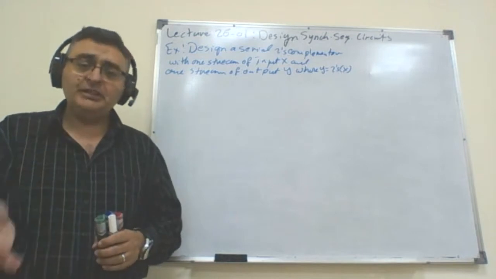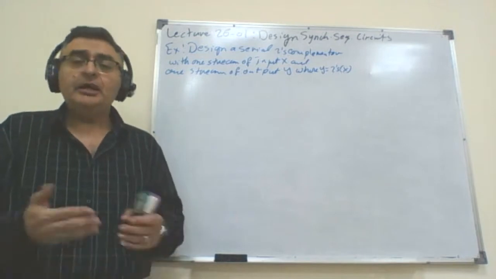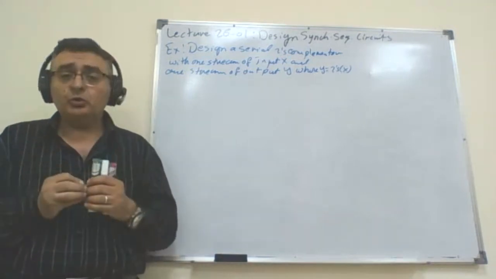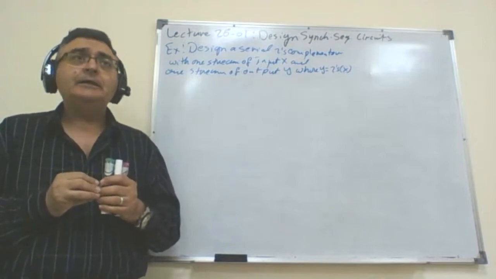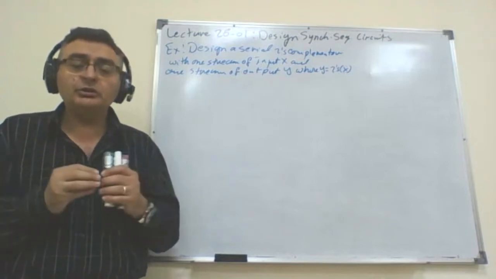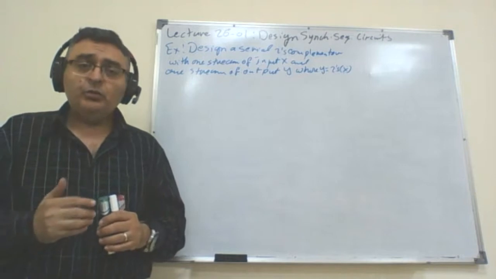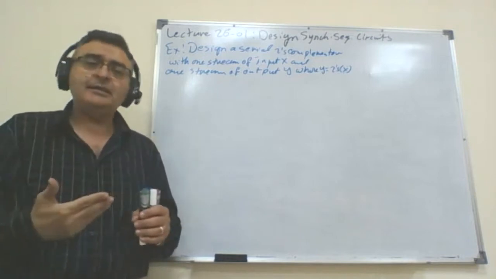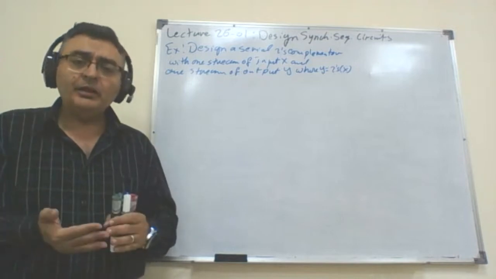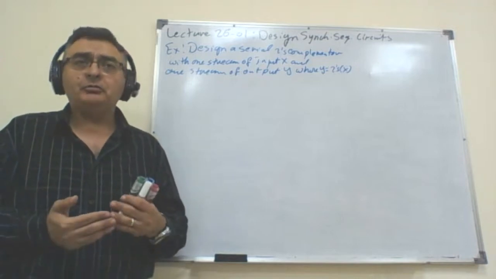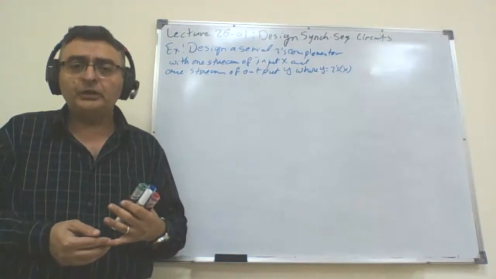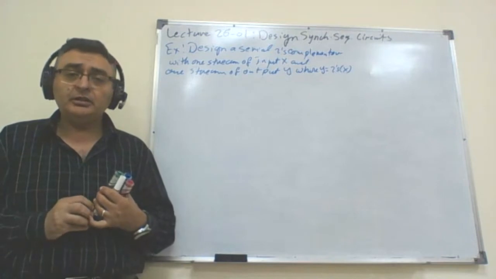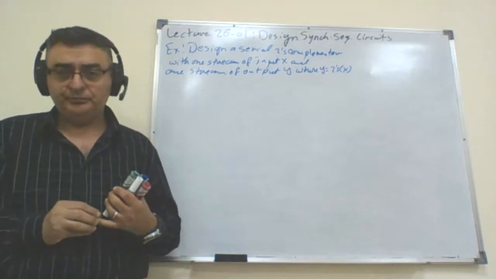That's why there is a subject called state reduction. We will not go into that. However, we will try our best from the beginning to build the state diagram with the minimum number of states, or with an appropriate, convenient, efficient number of states. And this should be done in an exploratory fashion.